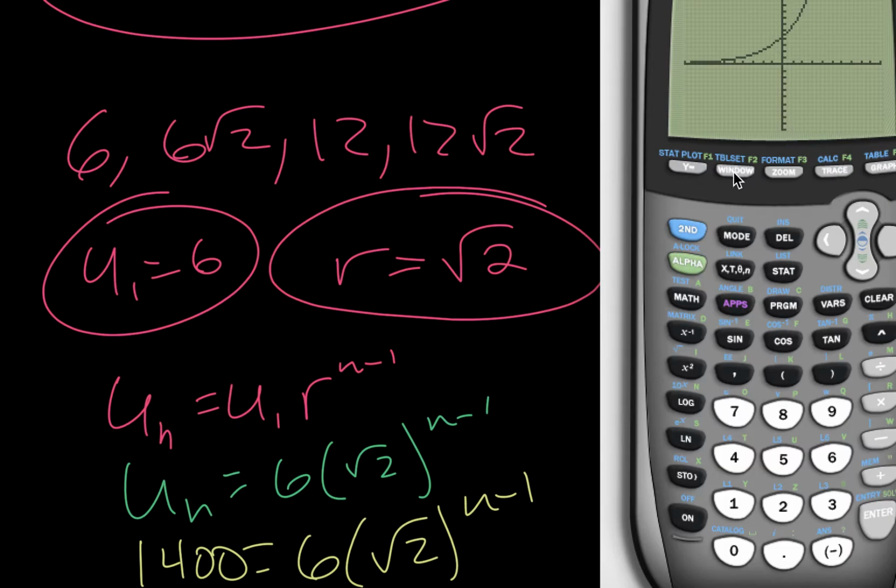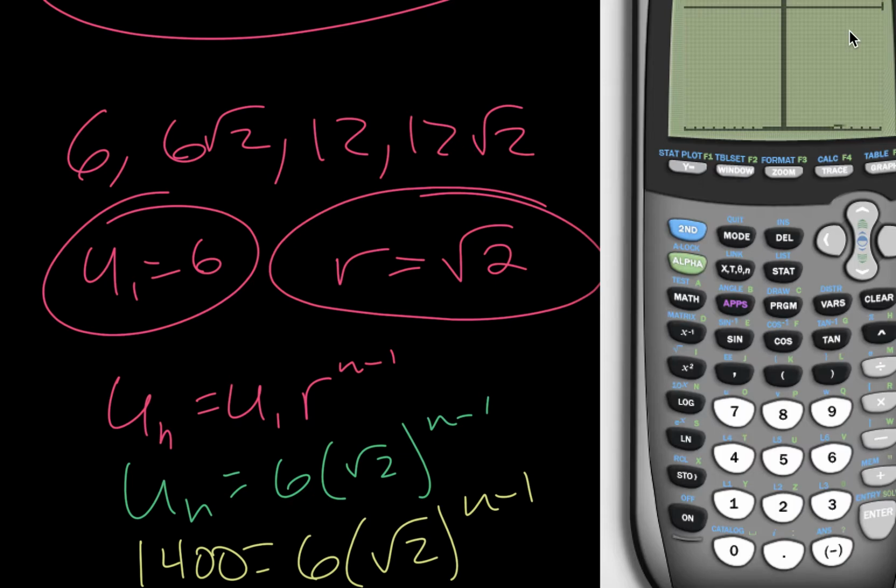So we go to window. We want to make sure we can see on the y-axis 1400. So I'm going to say 1500 for my max, and then regraph it. So there's our line for 1400. And then we really just need to see where they cross each other.